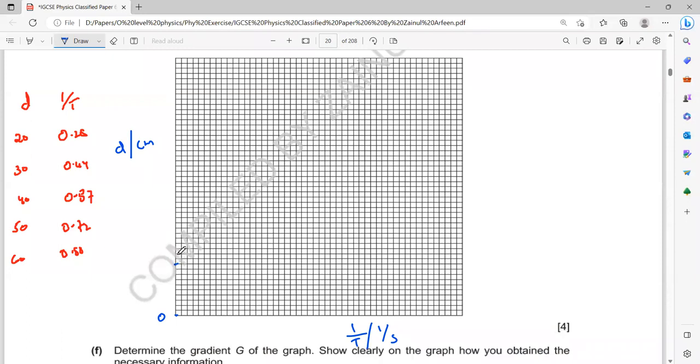This will be 10, 20, 30. I will have 10, 20, 30, 40, and so it won't complete.